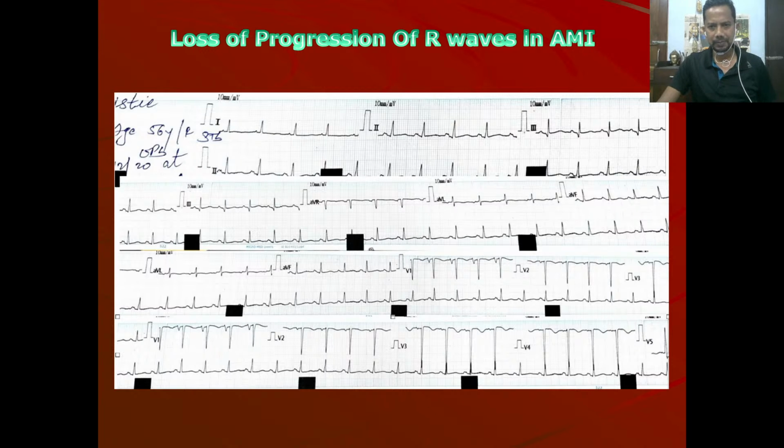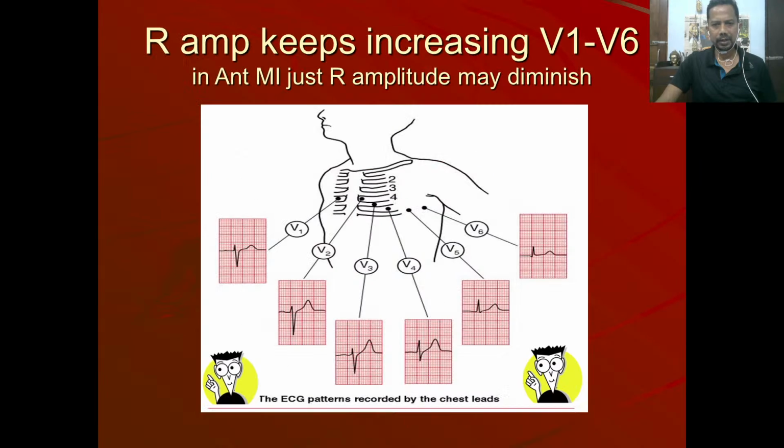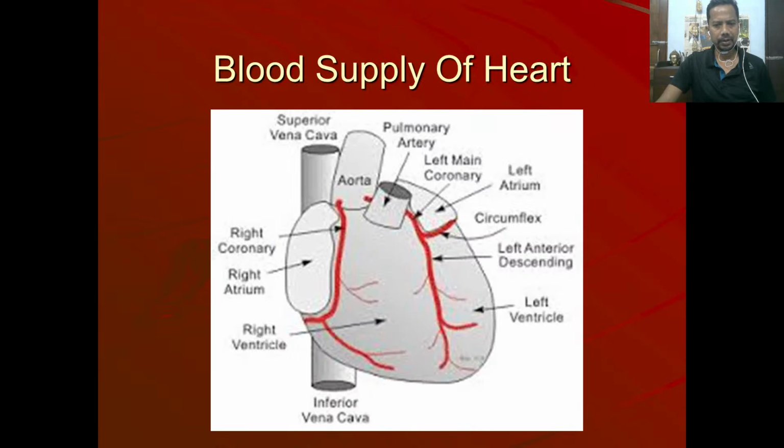Now you see in this patient's ECG, you look at the progression of R waves in V1 to V6. So V1, V2, V3, V4, V5. So there is no progression. So this is an old anterior wall MI. Now again, this is the blood supply of the heart, and it is very important.